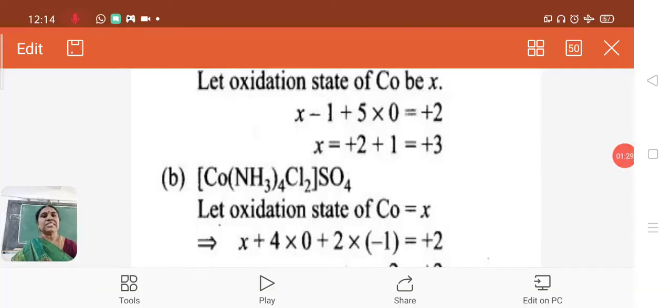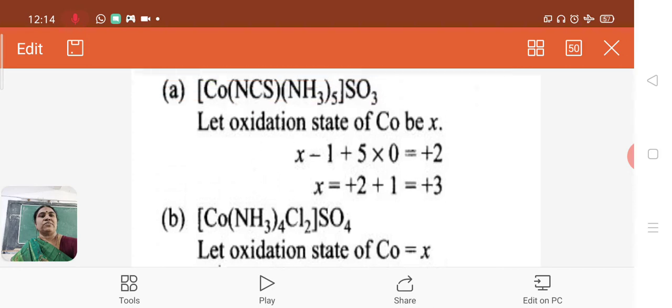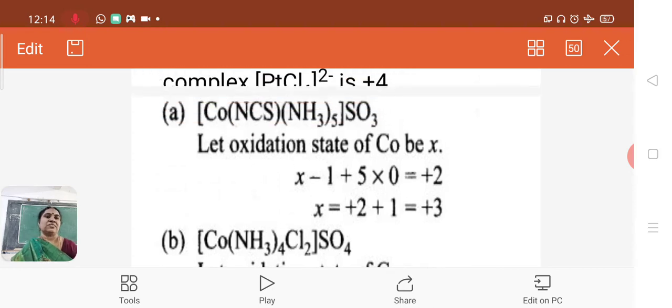The oxidation state of isothiocyanate ion is -1, that of ammonia is 0, and sulfite ion is -2.